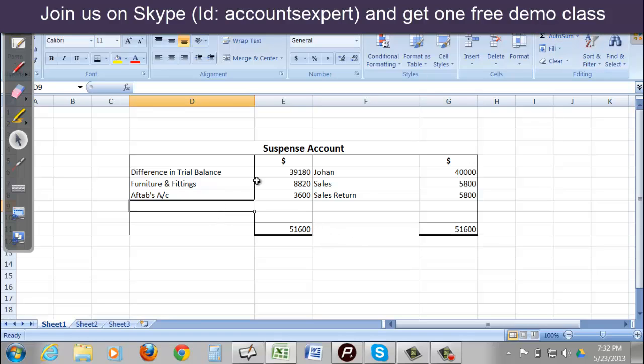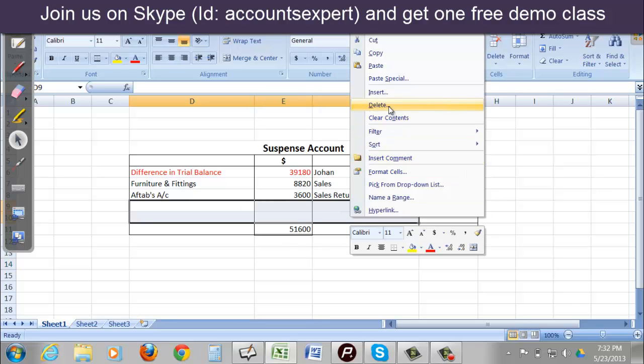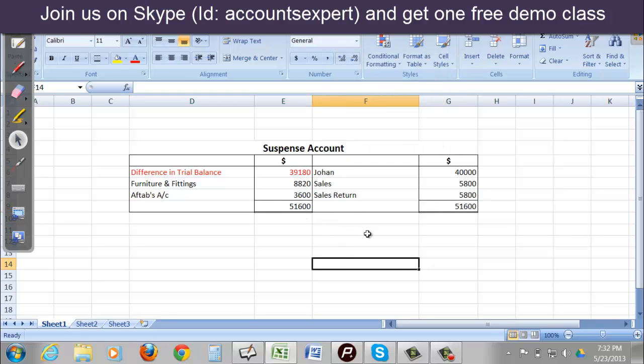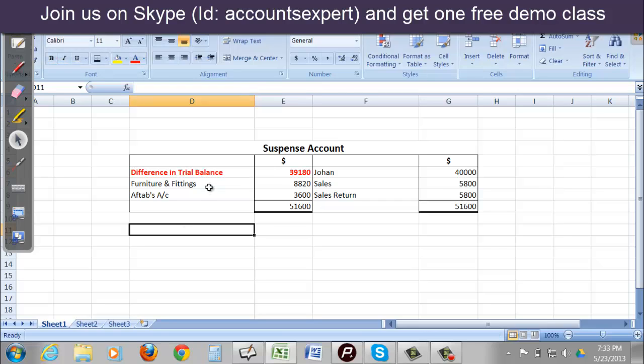Earlier the suspense account was showing a debit balance, but after rectifying all the errors, now the suspense account is showing zero balance. Getting my point? Totals of both sides are equal. It means we have rectified all the errors. Suspense account was opened in the trial balance with 39,180, but we rectified all the errors. Now there is no balance in the suspense account. It means the suspense account is closed.